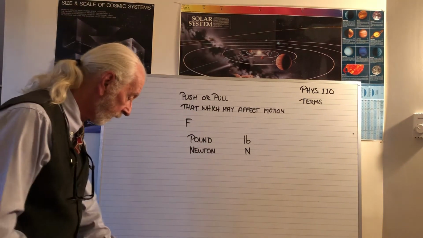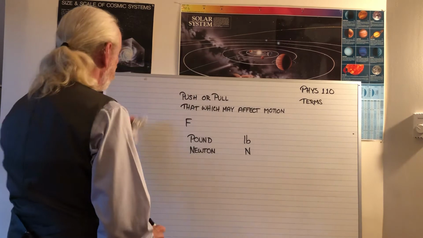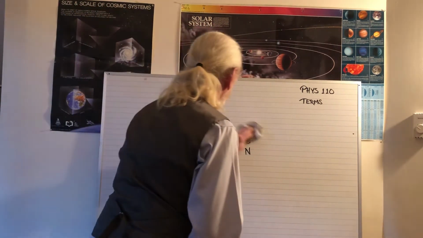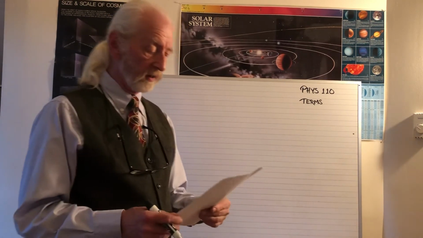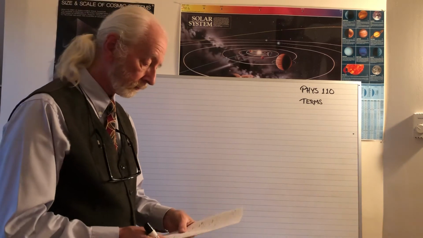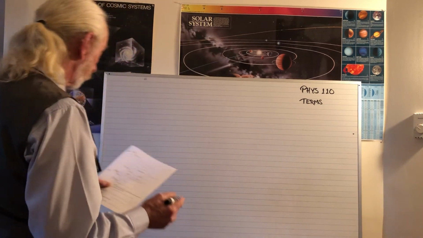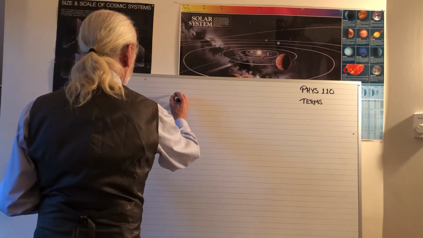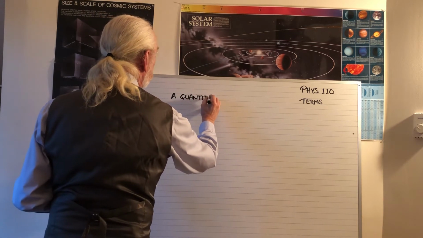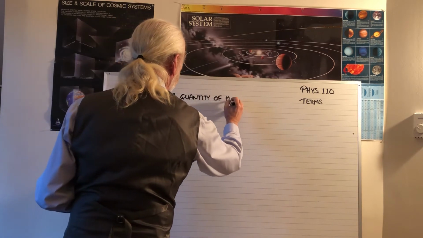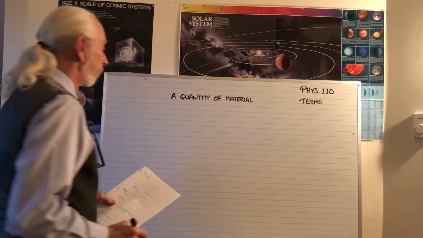Okay. Next page, page 23. Mass. We're going to have several definitions. Sir Isaac had a couple of definitions. The first one goes like this: a quantity of material.